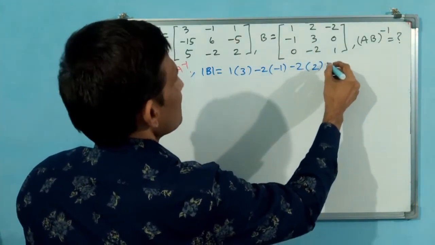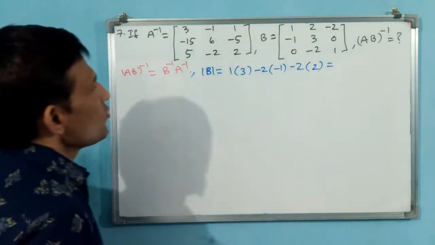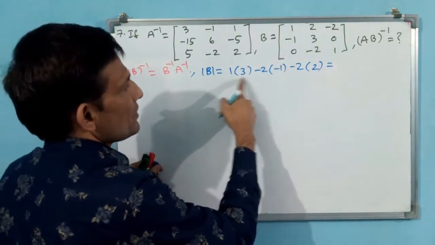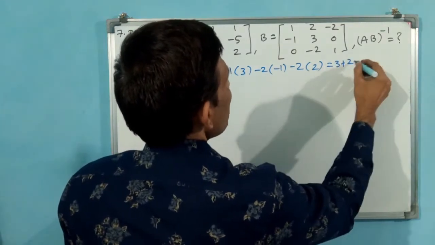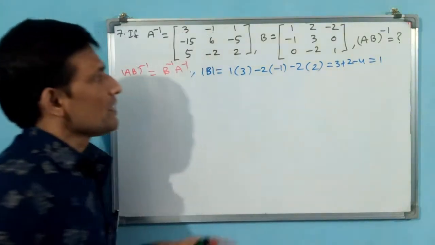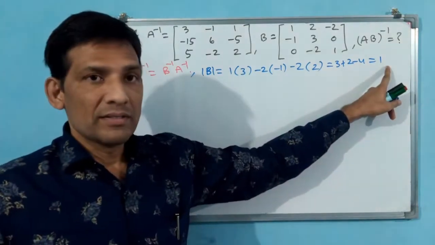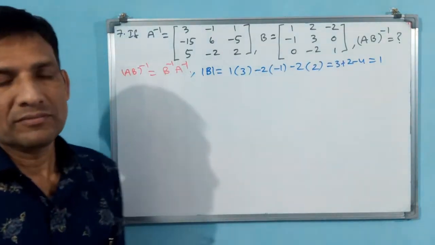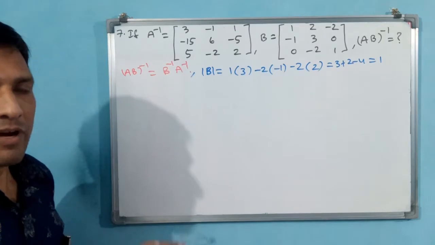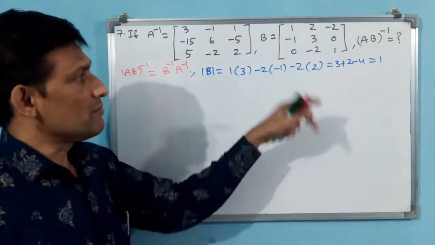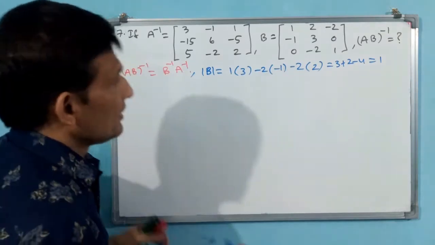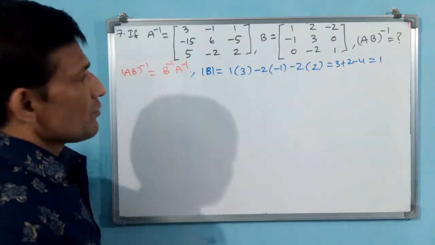Okay, this is okay. Now you see how much will come here, 3 plus 2 minus 4, that is equal to 1. You see, when determinant comes 1, then adjoint is the inverse. Why? Because you are going to write 1 by determinant 1 by 1 into adjoint B. That means you have to find adjoint, that's all.